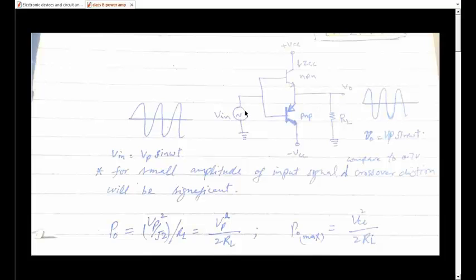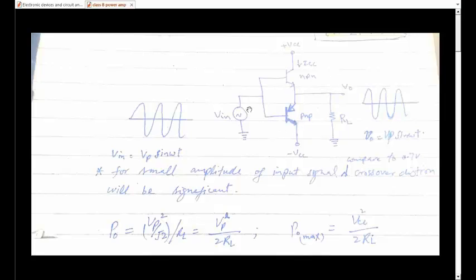Now, as you can see, when the input is 0, the output would also be 0, because the base current is 0, the collector current is 0, and the emitter current is also 0. When the emitter current is 0, there is no current in the load, so the output is also 0.